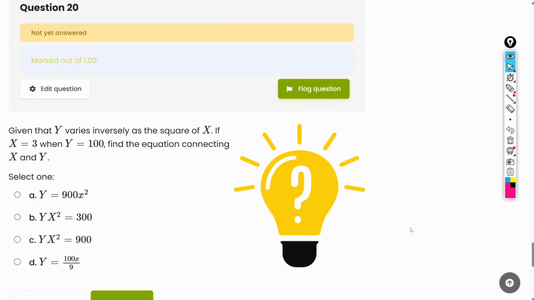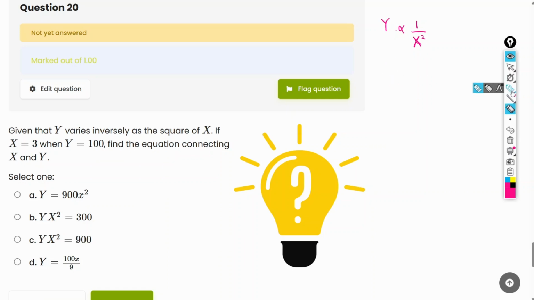20 says, given that y varies inversely as the square of x. Sorry, that's capital Y. So Y varies inversely as the square of x. From this we can set up a constant.